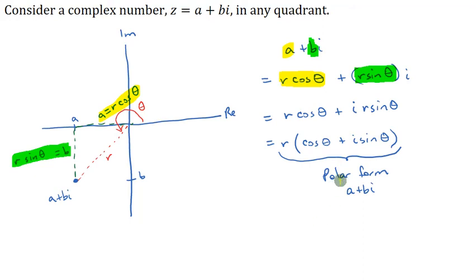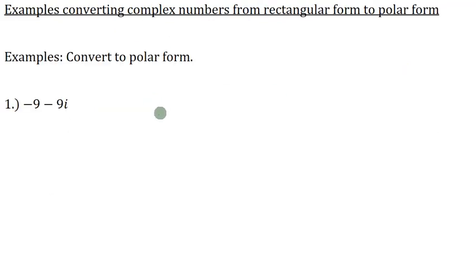So let's do some concrete examples where we do this conversion from a plus bi to r times the quantity cosine theta plus i sine theta. One thing you'll notice about the polar form, however, is that the argument, the angle theta, is the same for the cosine function and the sine function. That has to be true. So let's go look at a couple examples.